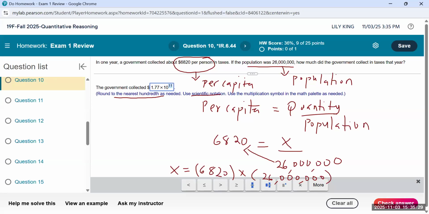So ignore all the remaining digits after the second 7. It says nearest 100, which is the 2 digits after the decimal point. So all of those have to be ignored, and you're left with 1.77 times 10 exponent 11.